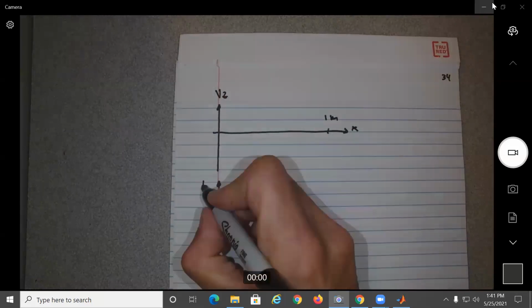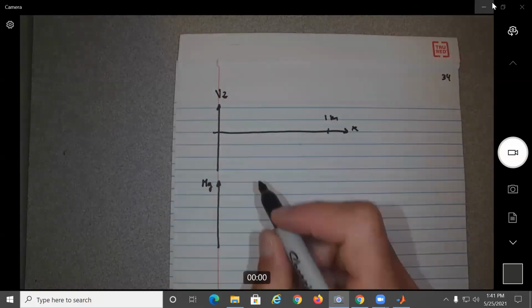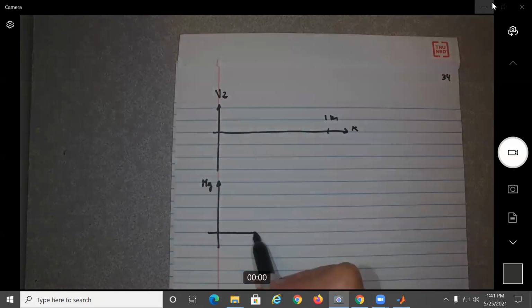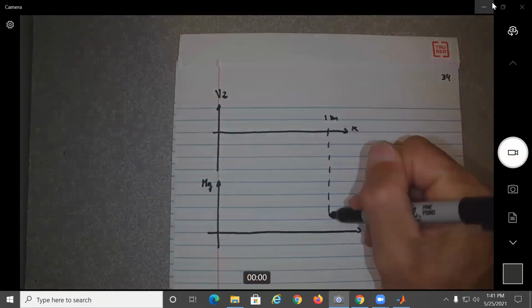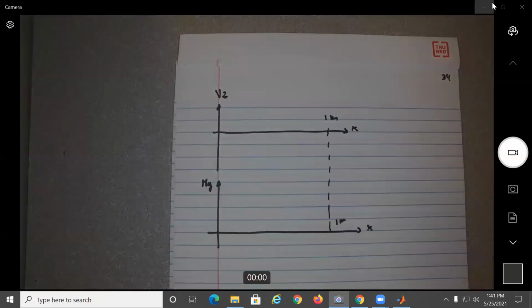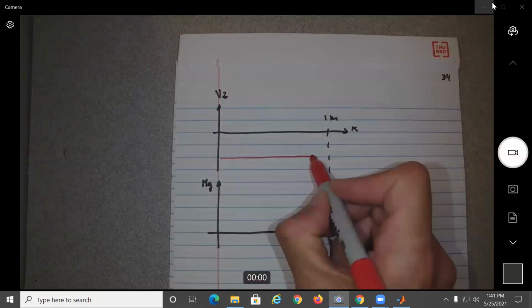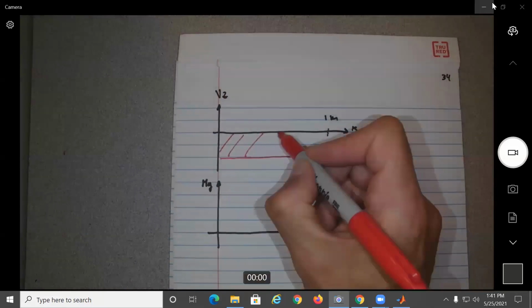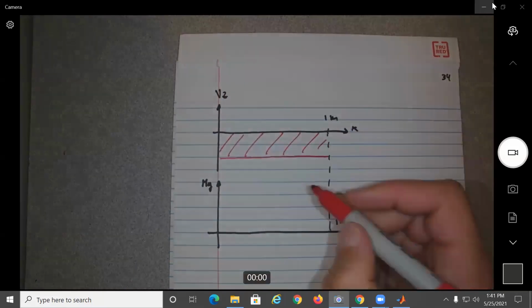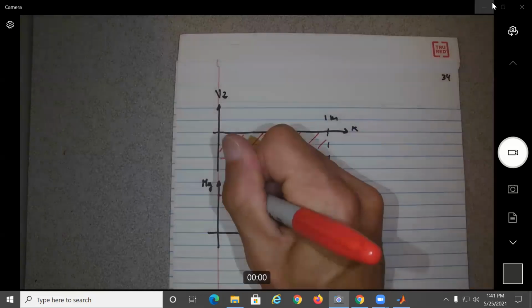This will be MY times 1 meter. BC will be equal to minus 100. And this will be equal to 100 all the way down to 0 again.